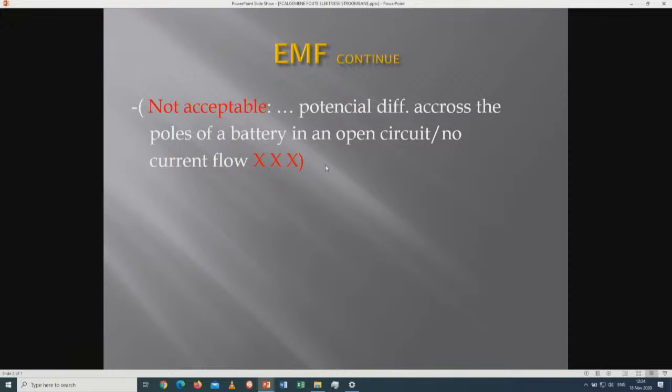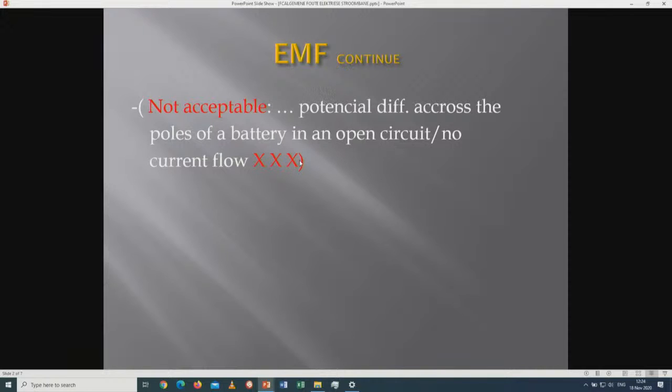Now, what is not acceptable, and this is misleading because some textbooks and notes indicate this as a definition of EMF, is the potential difference across the poles of a battery in an open circuit, or the potential difference across the poles of a battery when there's no current flowing.